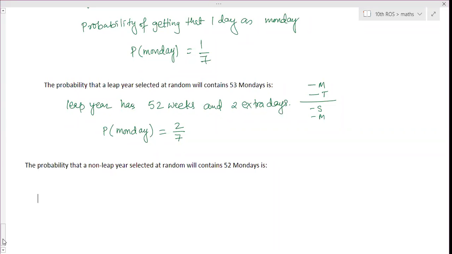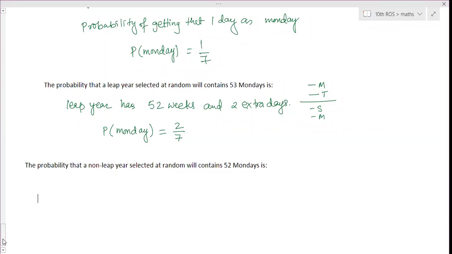So having 52 Mondays means not having 53 Mondays. The year may also have 53 Mondays, but we have to find the probability that it will have only 52 Mondays, not 53.